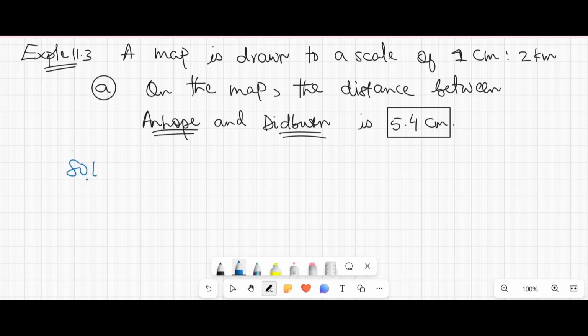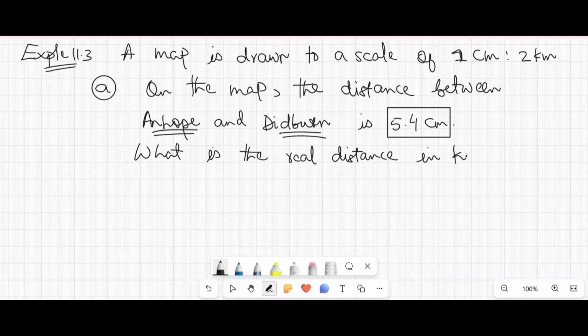But the question is here. Let me write the question. What is the real distance in kilometers? So in real life, how many kilometers does this represent?